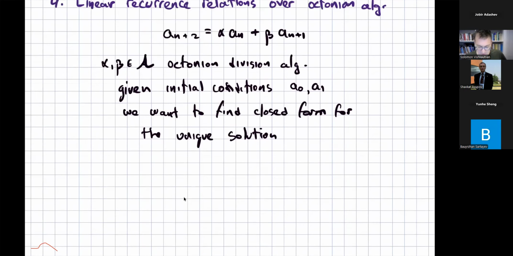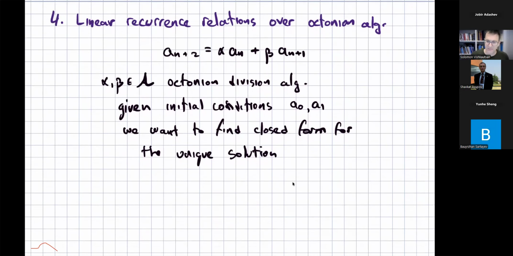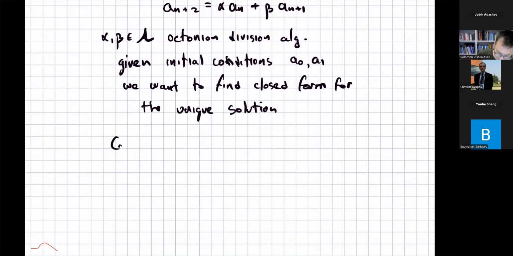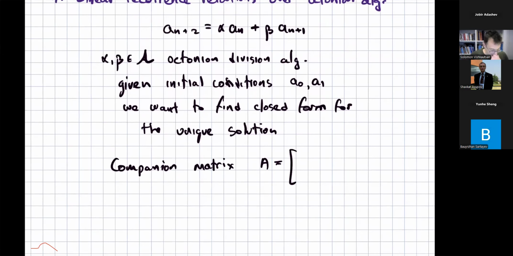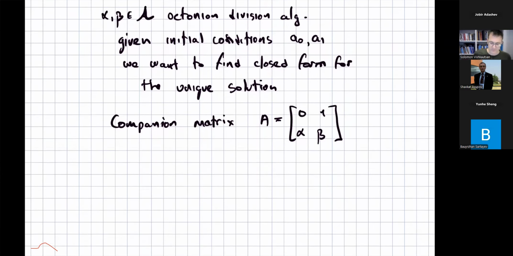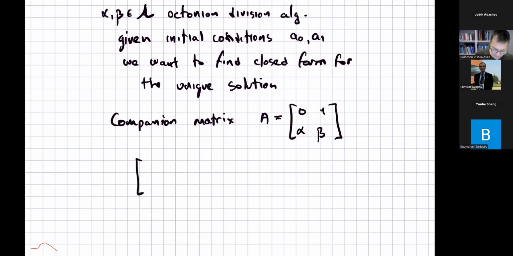So how do we go about this? We start by using the methods from classical linear algebra. So we have the companion matrix of this linear recurrence, defined in the following way. And we have the following recurrence condition induced by this.